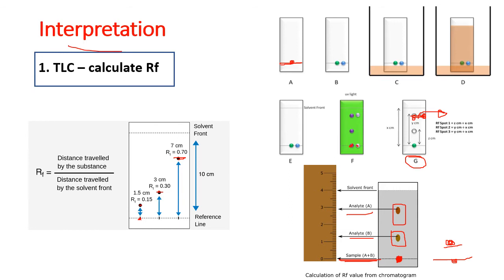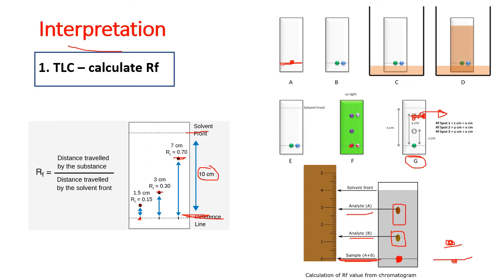First, I will calculate the total distance traveled by the solvent, which is the distance between the reference line and the solvent front. With a ruler, so please don't forget your rulers, you will measure this distance. It will be around 10 centimeters. This is for this case, of course. In your sheets, it will be different from one exam to another.